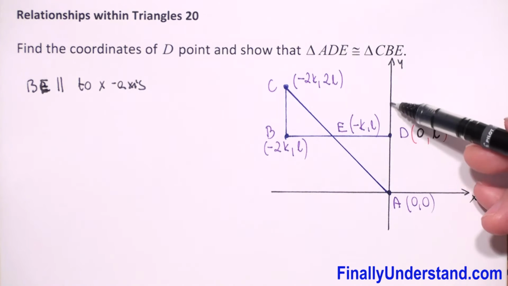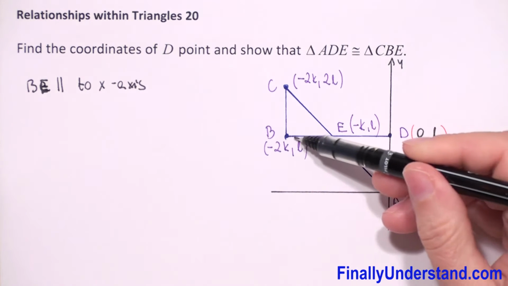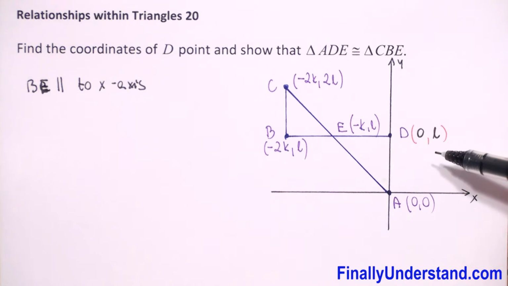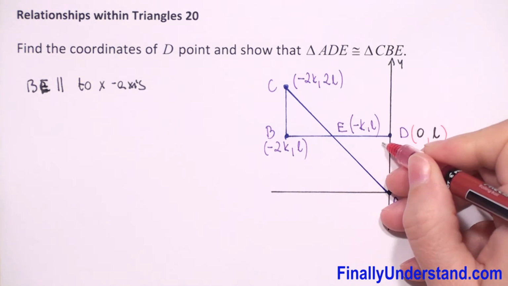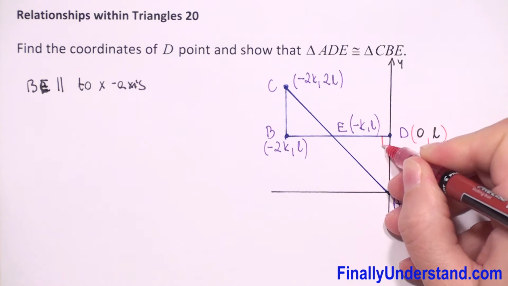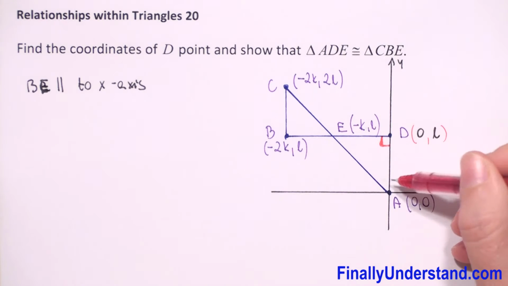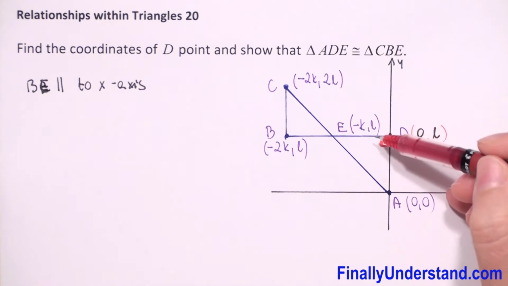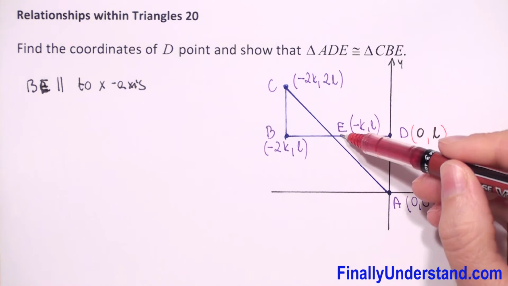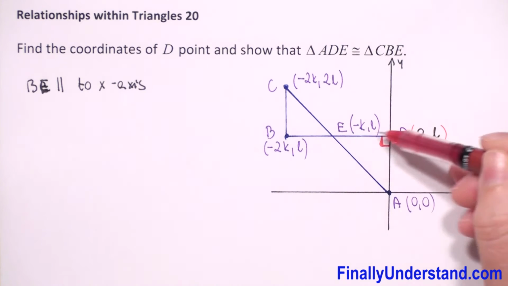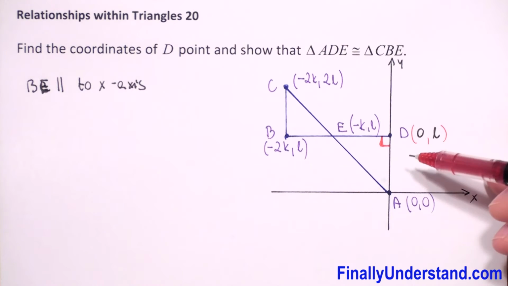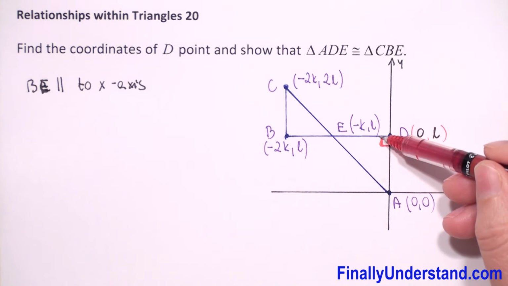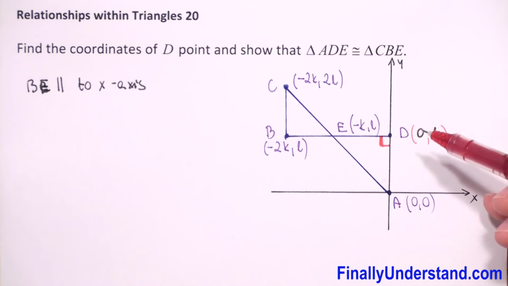So we have a vertical and a horizontal line. It means that the angle D is the right angle, because line AD is vertical and BE or ED line is horizontal.